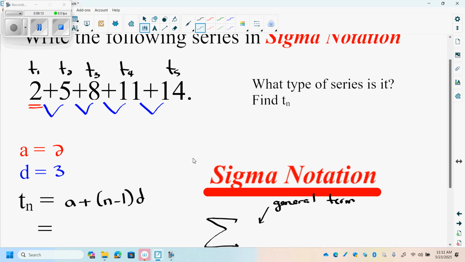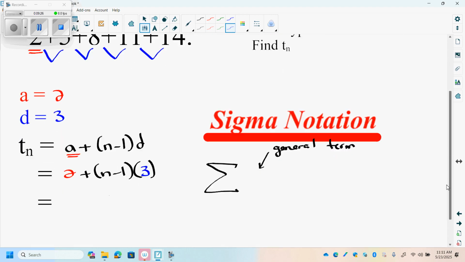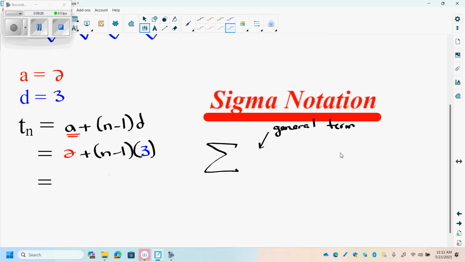How do you find the general term in an arithmetic sequence? We use the following formula. I'm going to fill a 2 in for A, and a 3 in for the common difference. And when I work that out, what would we get? I'm going to multiply the n minus 1 by 3 first.